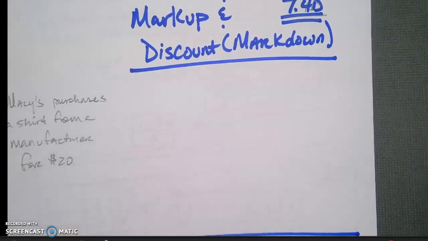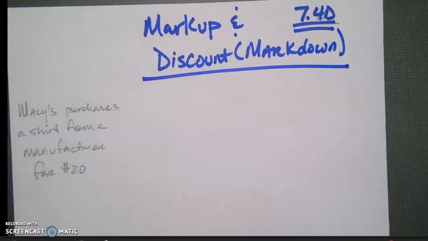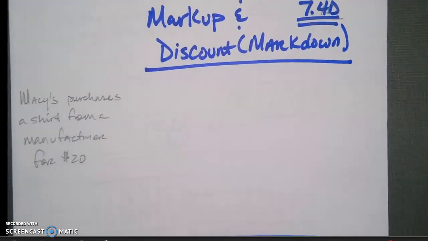Now, in order to sell that shirt in their store, they're going to need to mark the shirt up just a bit so that they can actually still make a profit. Because remember, in business, they still have to make a profit to pay their employees, to pay their utilities, to pay their rent, to pay for all the shipping that they need of the items to come to their store, etc. There's a lot of different things that they have to build into that cost.